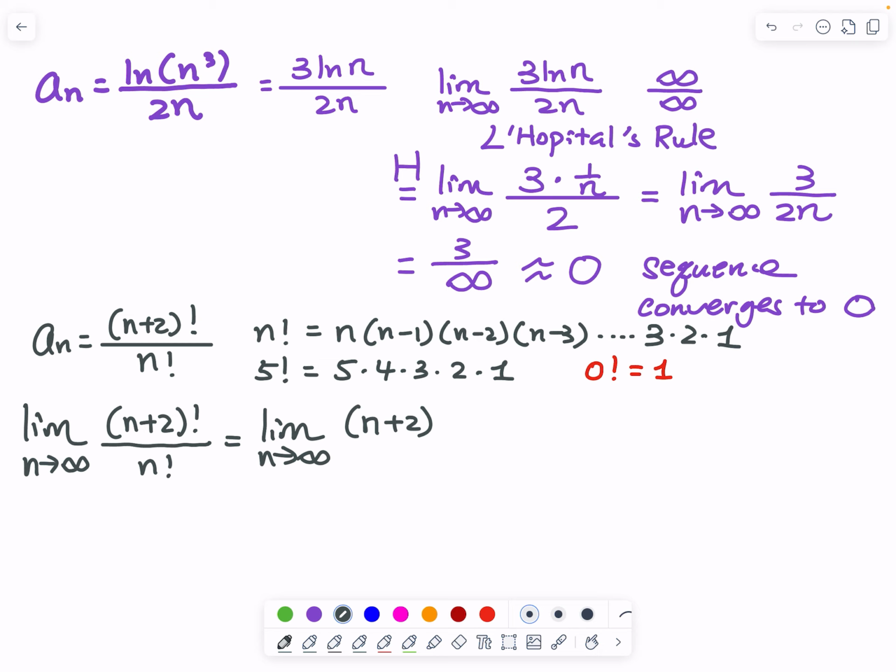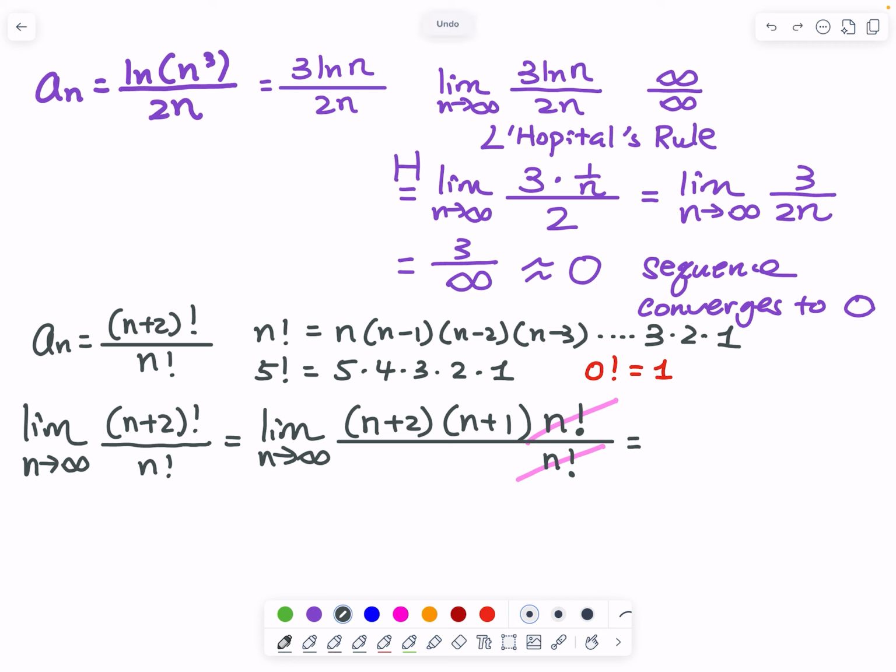So n plus 2, then n plus 1, and then n, and you can keep multiplying, n minus 1, n minus 2, n minus 3. I stop right there because the denominator has an n factorial. That means I can cross out the n factorial, and then I have this left.